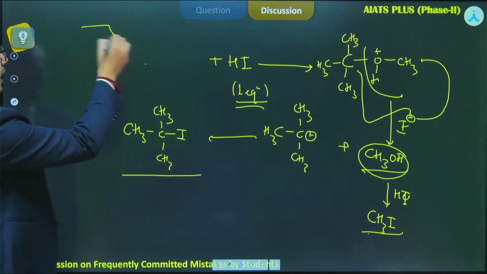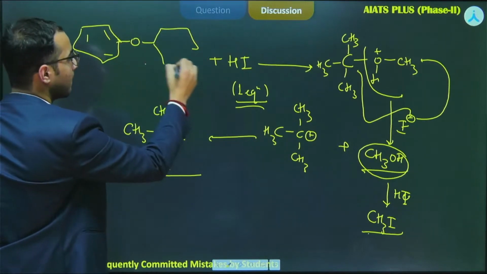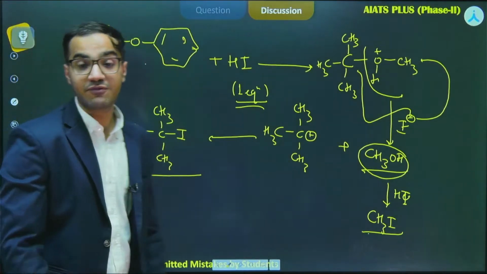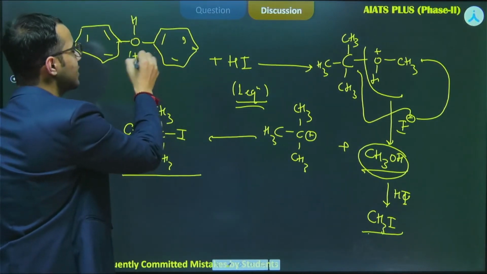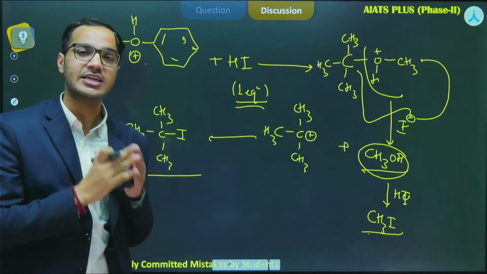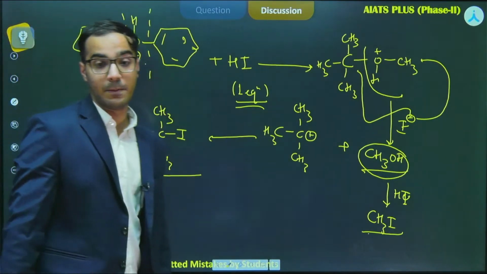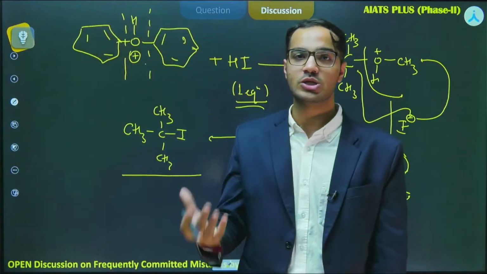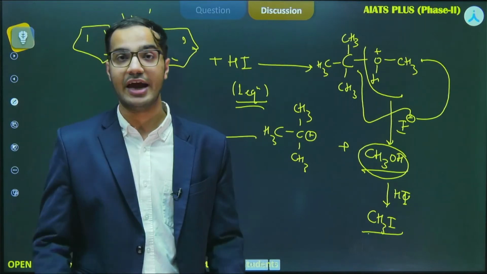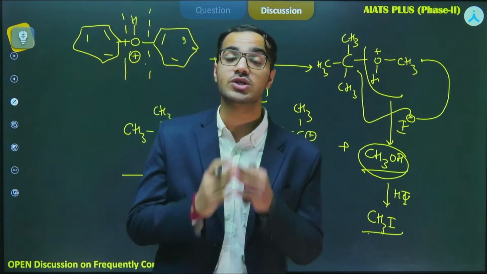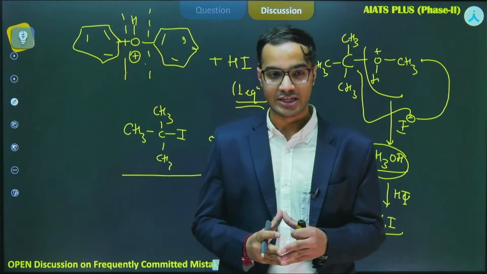If you are having PhOPh, if the H positive attacks this position, it will form like this. And now it doesn't have any chance for cleavage of the bonds. It can't be cleaved, because if it cleaves, it will get a positive charge over the benzene position, and it can never be the case. It is the most destabilized position. I hope, Aishwarya, it clears your doubt.